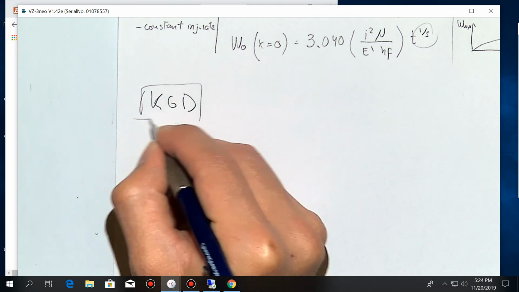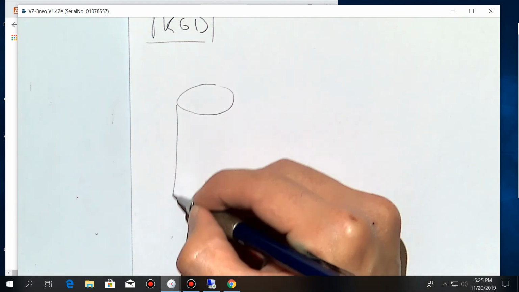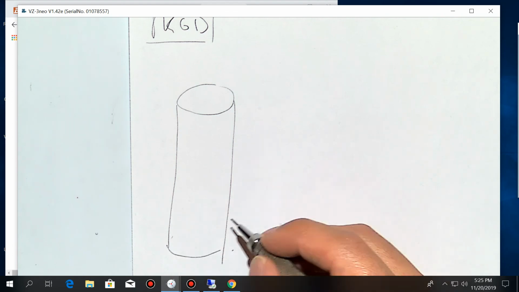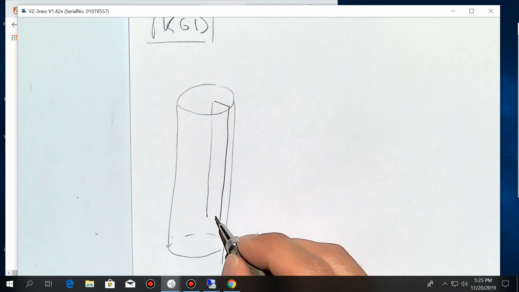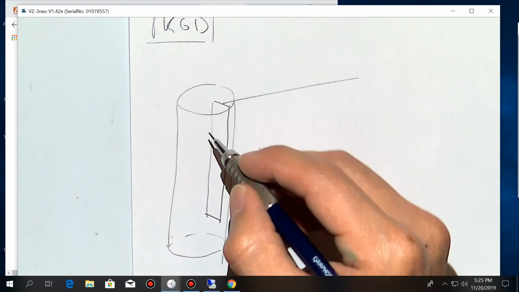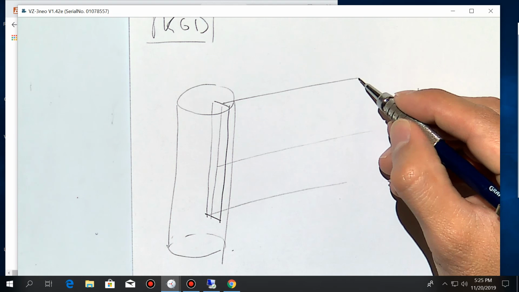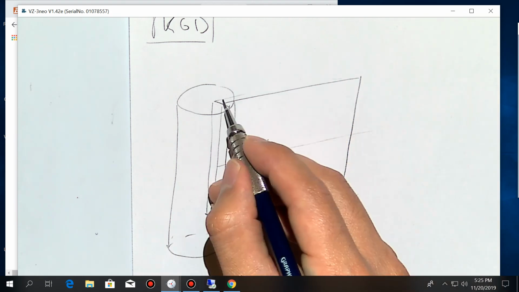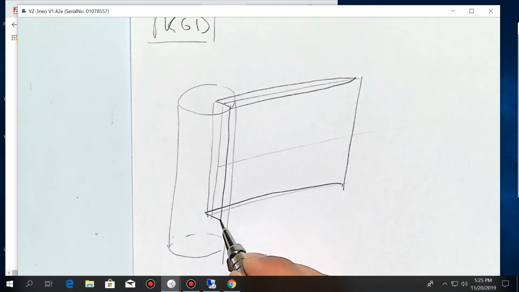The KGD, if this is your wellbore, the KGD assumes constant width along the fracture height, and therefore if you were to cut this fracture with horizontal planes, they will look all the same.